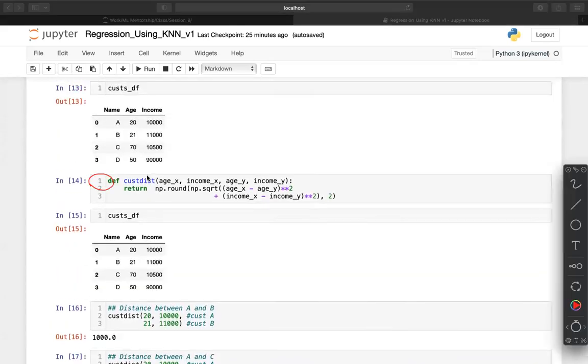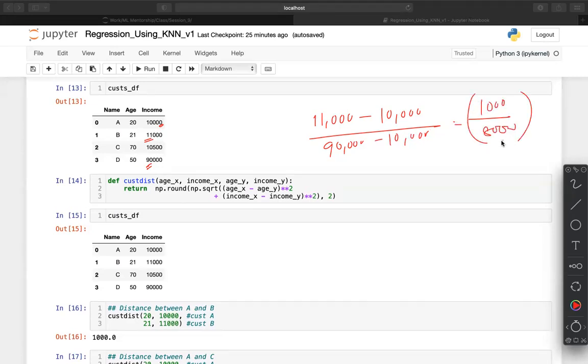Similarly, if you look at the income, the maximum value is 90,000 and the minimum is 10,000. So if your income is 11,000, how far away are you on the scale? That will be 11,000 minus 10,000 divided by 90,000 minus 10,000, so this will be like 1,000 upon 80,000. So now you can see the scale will have an appropriate influence on the distance calculation.